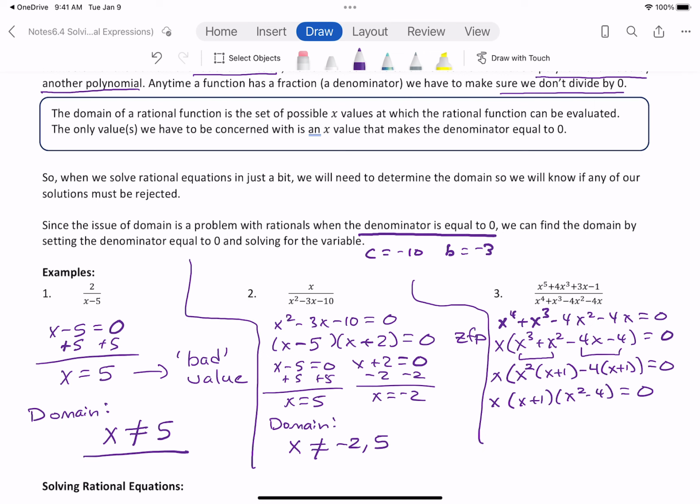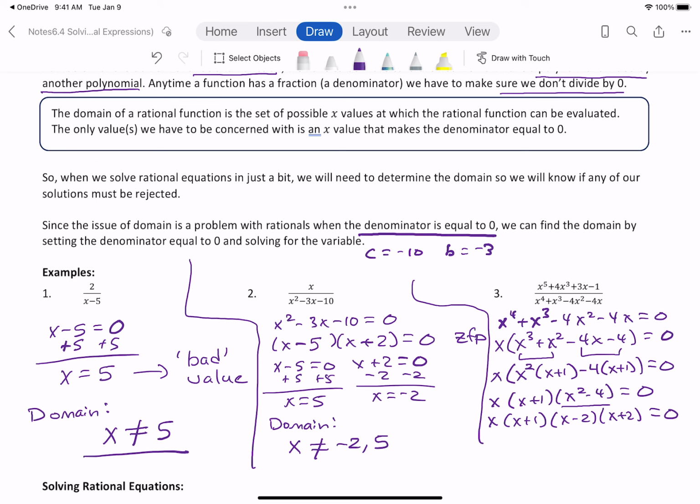Now this problem is probably close to a worst case scenario that we would ever see or deal with. If you notice, this one is still a difference of squares. So even after all that work, we have one more step just to get it factored. X squared minus 4 is a difference of squares. So we can write that as x minus 2 times x plus 2.